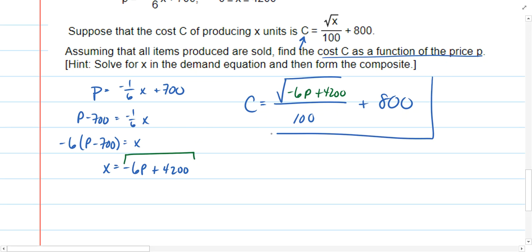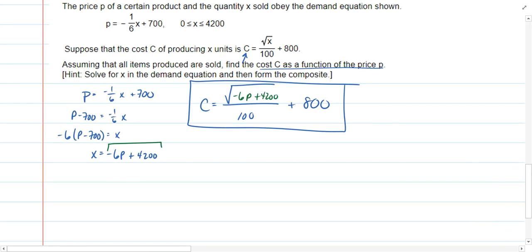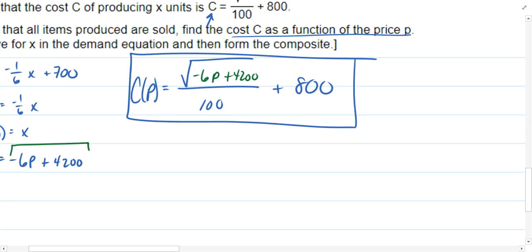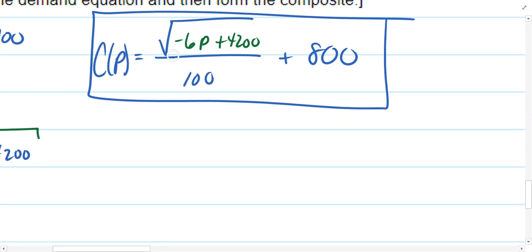And so I think this would be a pretty good cost formula, but in the event that they're asking for some restriction on the domain, and by the way, since our variable here is P, this is the cost based on price, P, the price that we sell the goods for. Well, in this particular situation, what we don't want to see are negative numbers inside of a radical.